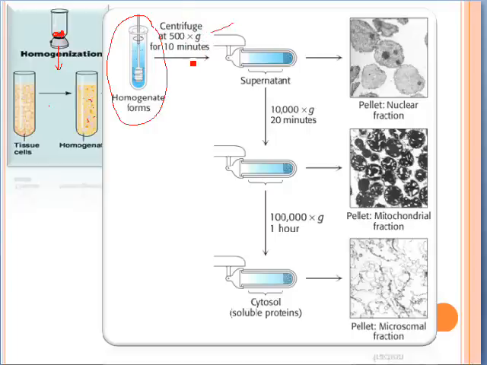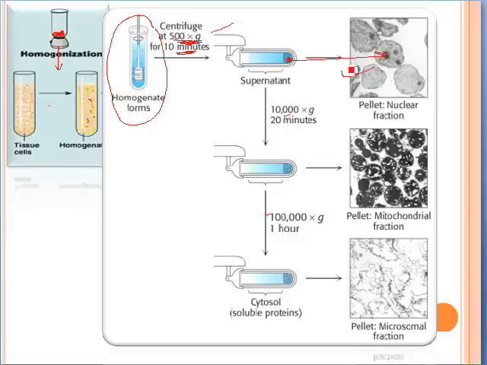One thing I want to mention here: a particular RPM speed separates a certain part of the cell. So here we can see that to separate the nuclear fraction, it is centrifuged at 500 G for 10 minutes. We get the nuclear fraction in the pellet.